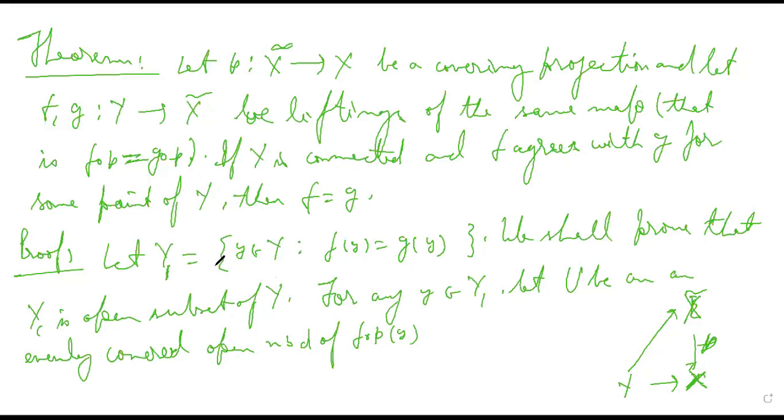So if you have chosen y here, then P composed F (y) will be a point here. Because this is a covering projection, every point here will have an open neighborhood which is evenly covered. So we have chosen U to be an open neighborhood evenly covered by P.